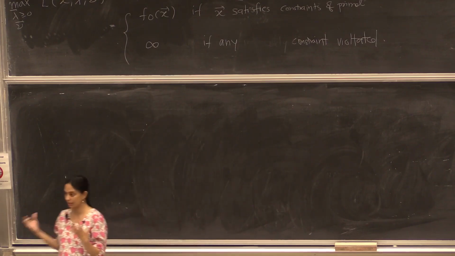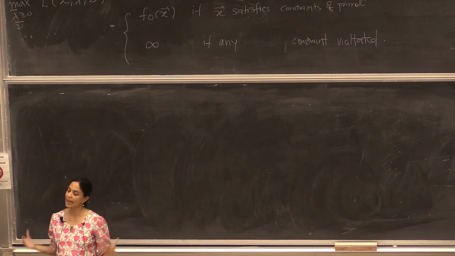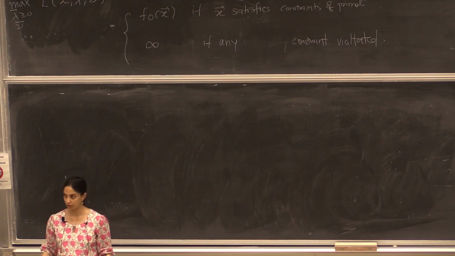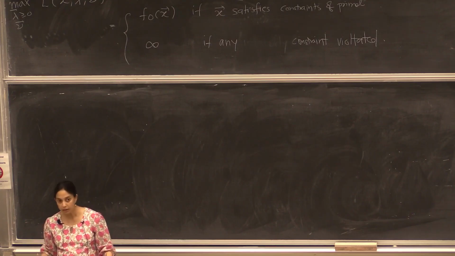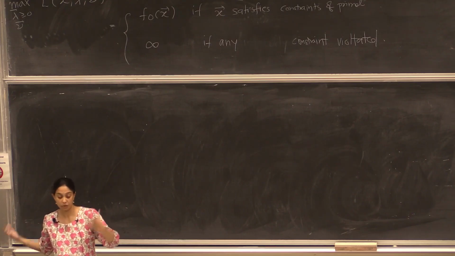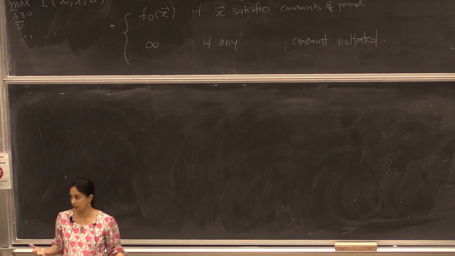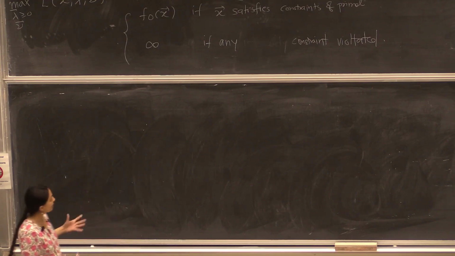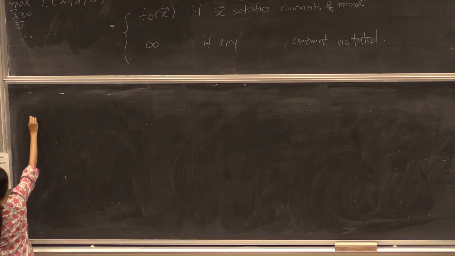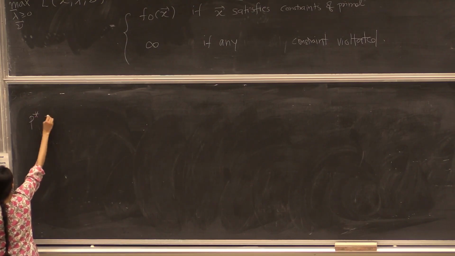If we're trying to maximize something, we always hate the value negative infinity, right? Similarly, if we're trying to minimize something, what is the value we always hate? Infinity, right?